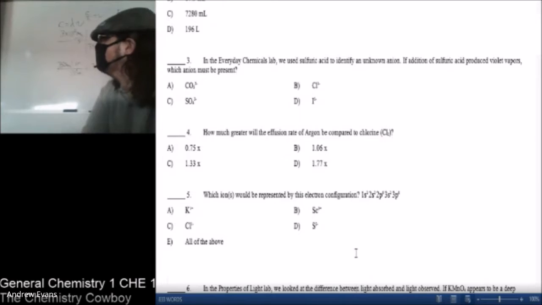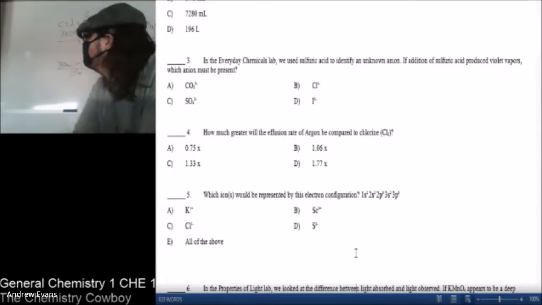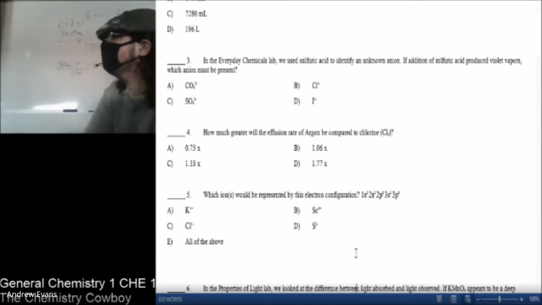This one asks which ions would be represented by the electron configuration 1s2, 2s2, 2p6, 3s2, 3p6. So looking at that, what is that? Neutral, that 3p6 is the electron configuration of the noble gas argon.